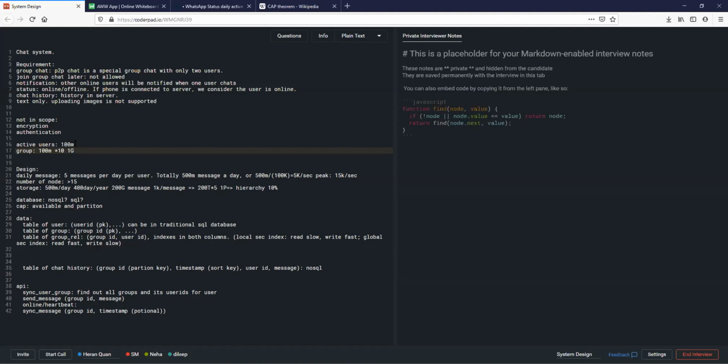If each item takes 100 bytes to store, it's not trivial, I would say. The issue is that if we store the groups, we have 100 million users and each user has 10 groups.